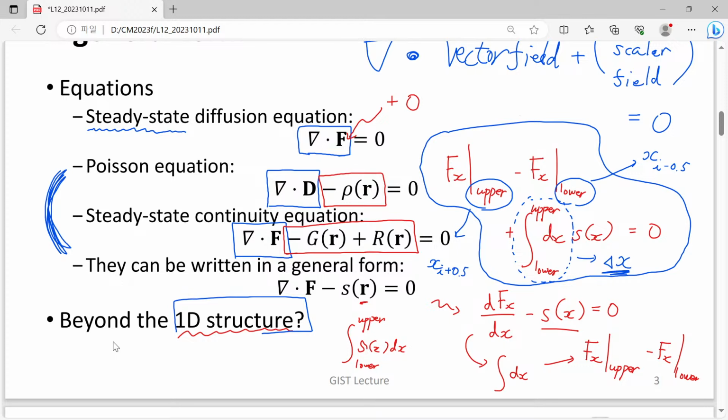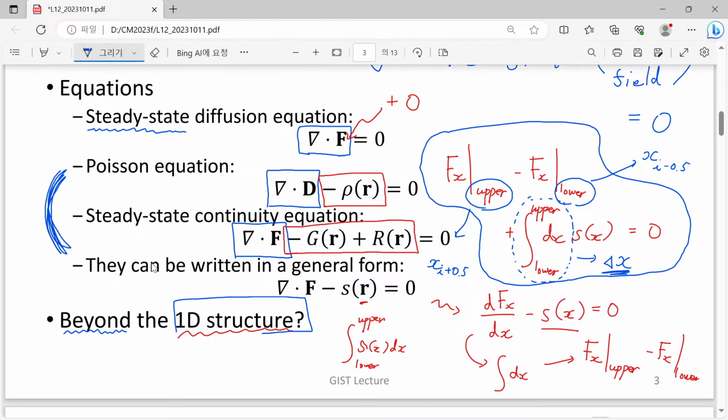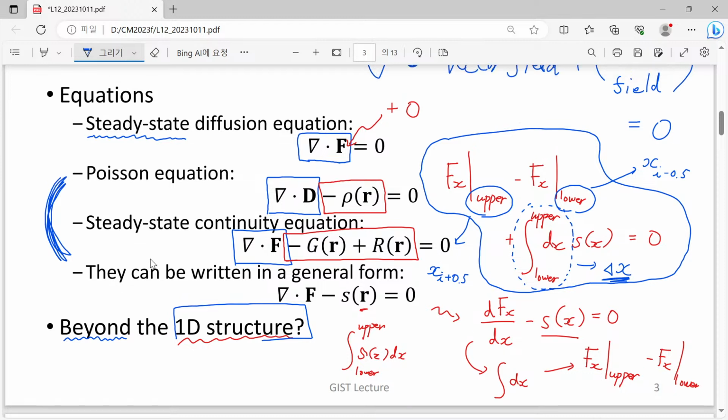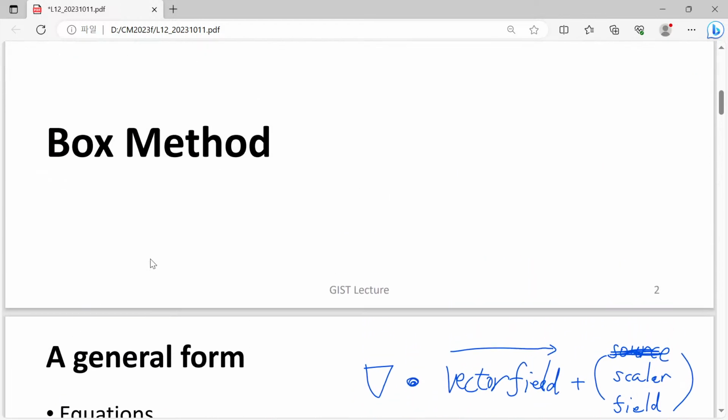Then how can we extend this to the case of 2D or 3D? Can we introduce such an integral in our 2D or 3D case? Actually, yes, we can do it. That is nothing but the box method.